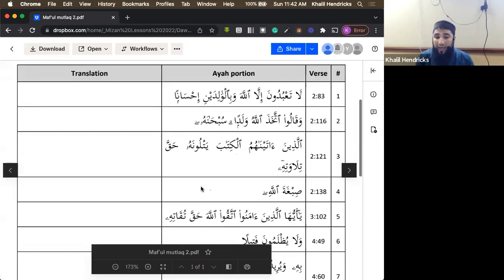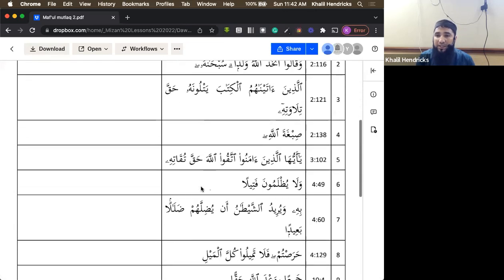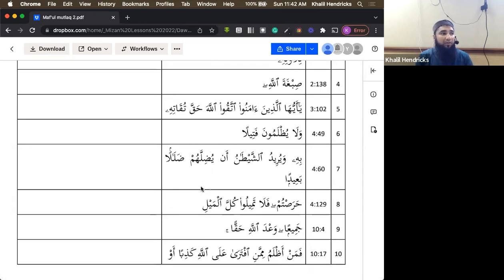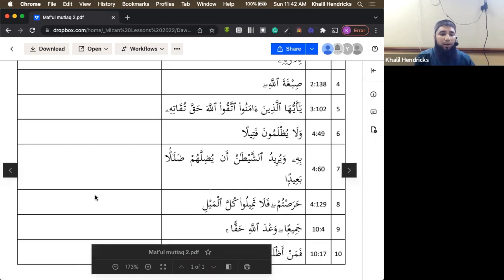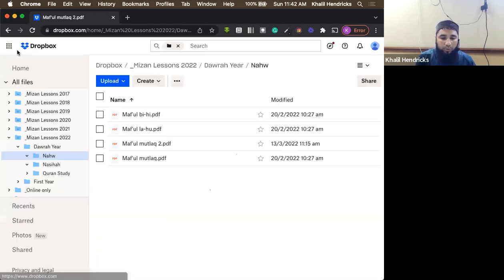So, like we had before in our basic examples, you can have a masdar with different root letters but the same meaning. Remember that? And I'll give another example that we did in our basic examples of that.